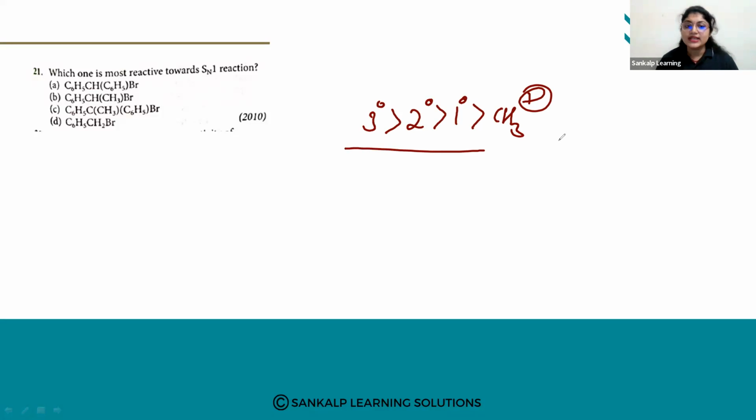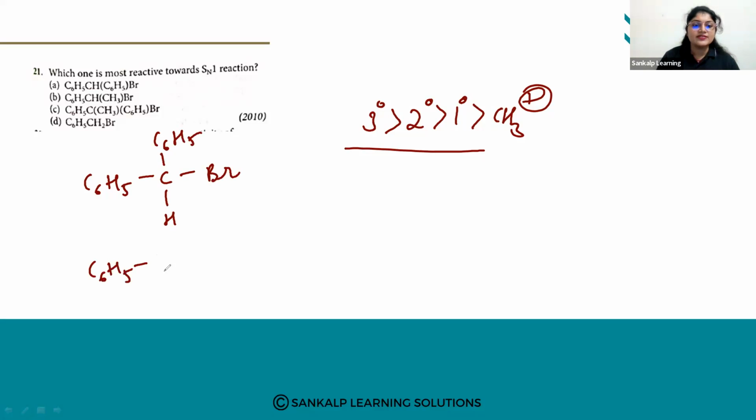Komal is saying C. What about others? Priyanka is also saying C. The first compound is C6H5CHBr. The second compound is C6H5CH(CH3)Br.